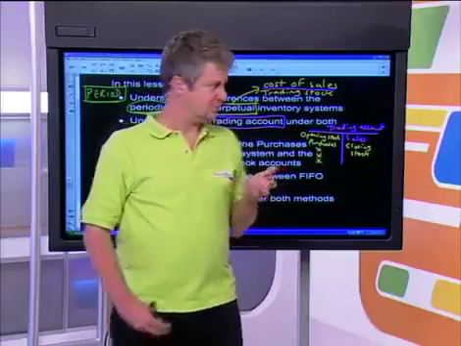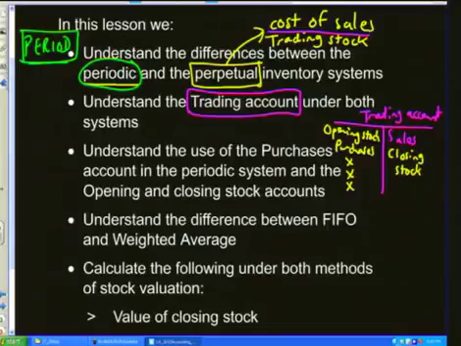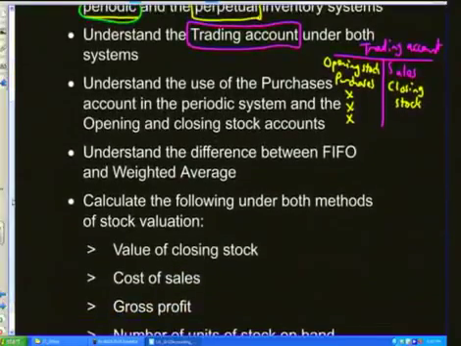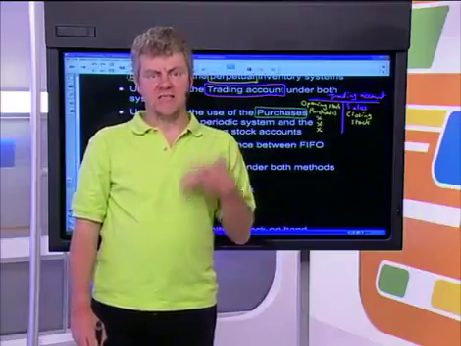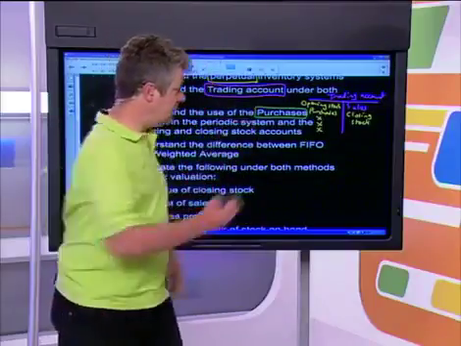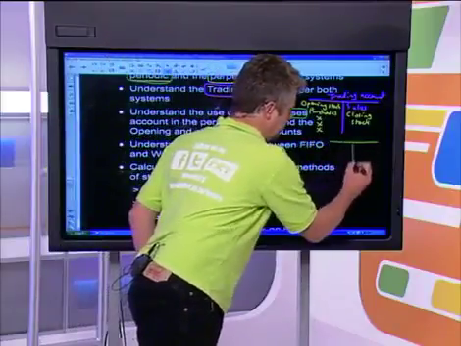That's quite important. Okay, then what's important as well, in the periodic system, you need to understand the use of the purchases ledger account. This is a new ledger account that we have in the periodic system, and basically it replaces our trading stock account. Instead of recording purchases of trading stock as an asset in trading stock, we create a brand new ledger account, which is called the purchases account.